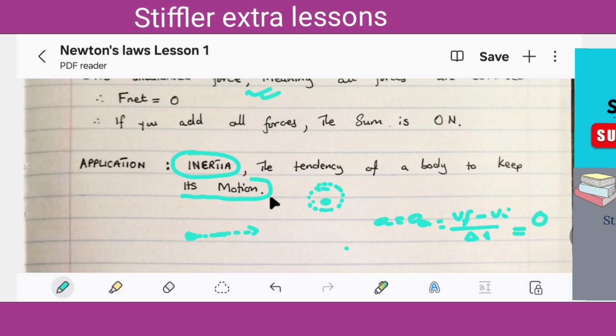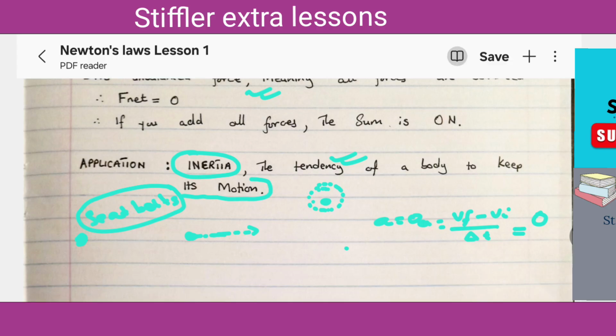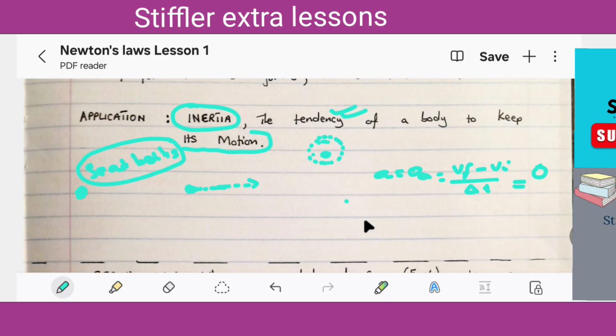So inertia, we said, is the tendency of a body to keep its motion. That's why it is always advised that when you are traveling in a car, or however you are traveling, always wear seat belts. Always be safe by wearing seat belts. Why do they say this? Because when you are traveling in a car, the speed of the car is the speed that you are also having.